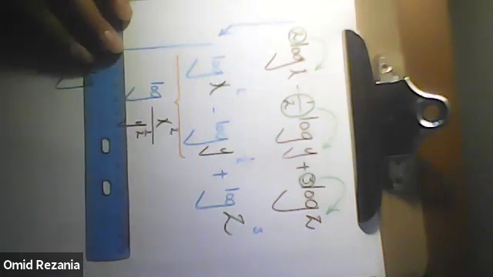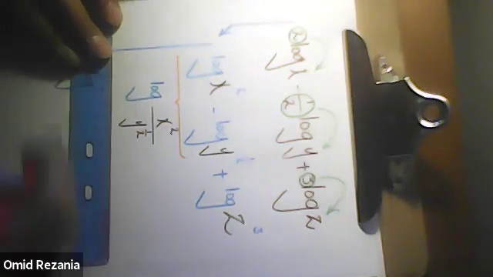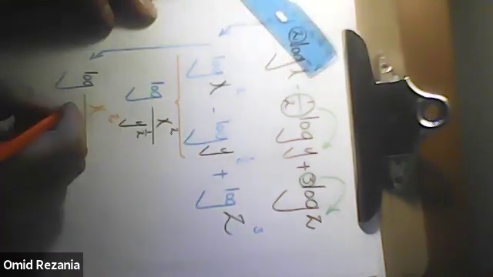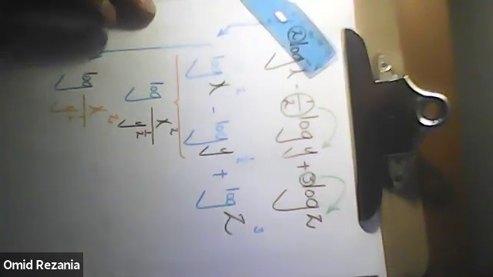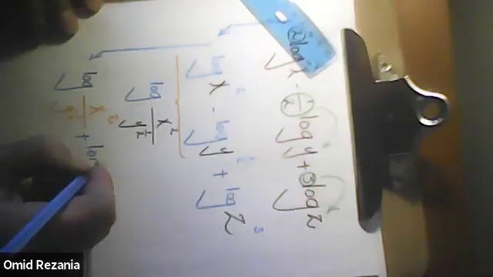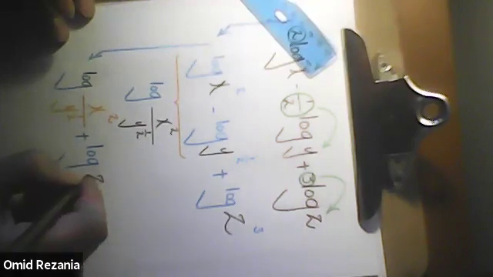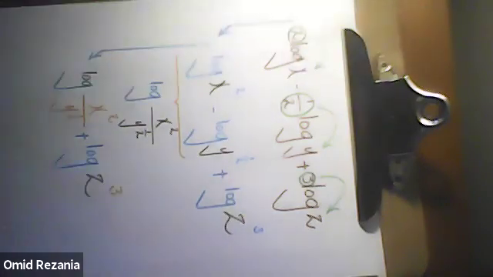Then I have log of x squared over y to the power 1 over 2, plus the third term. What is my third term? Plus log of z to the power 3. Correct, guys? So far, so good.